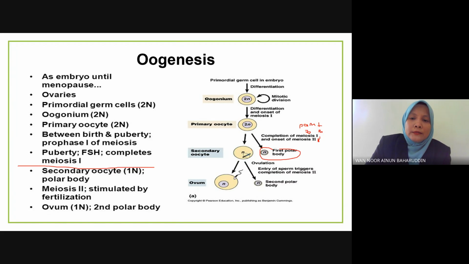Once they are married, meiosis 2 takes place, and this is mainly stimulated by fertilization. So now they are producing one ovum and a second polar body.